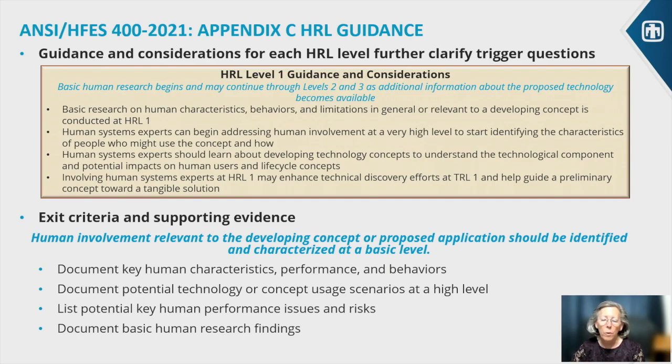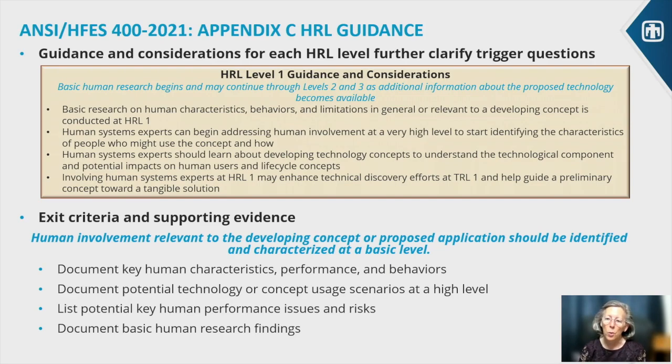So for example, at HRL level 1, where we're looking at basic things like human capabilities and limitations, risks, very preliminary scenarios, our supporting evidence might consist of documentation of some key human characteristics, performance and behaviors that could be appropriate for this idea or this developing technology. We might have some basic research findings that are applicable, and we have documentation of those. We might have a list of key human performance issues and risks.